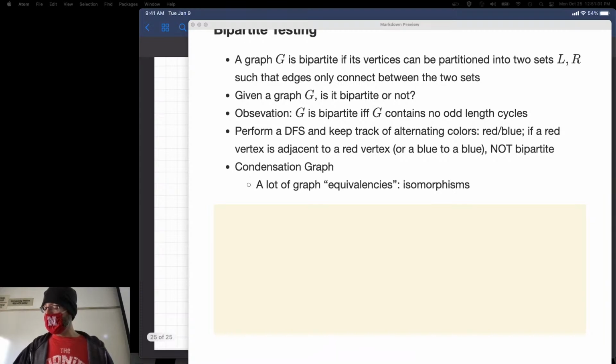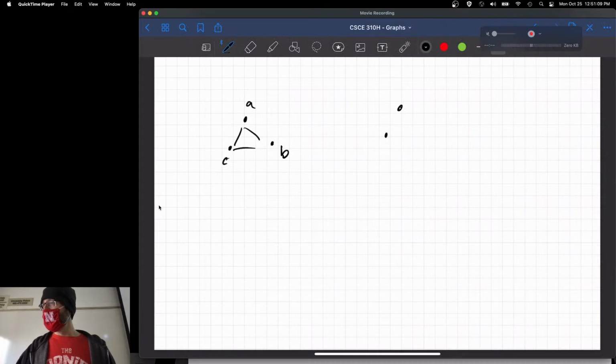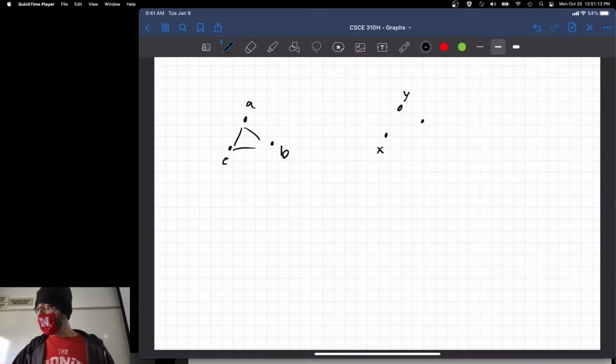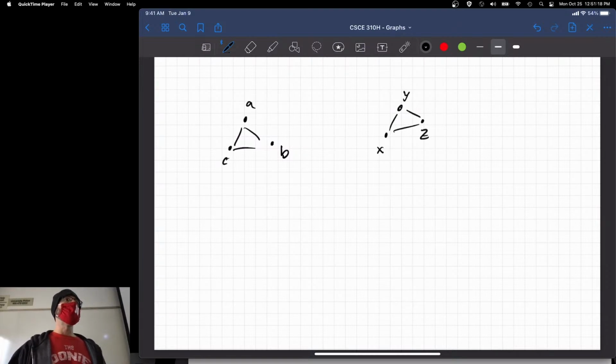Let me go ahead and just give you a very, very simple example here. A, B, C, and, oh, sorry, I'm not done drawing it though. So X, Y, Z, there. Those two graphs are isomorphic. Why? They're the same graph. It's just a C3, just with different labels.